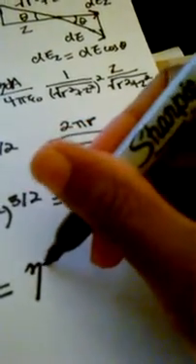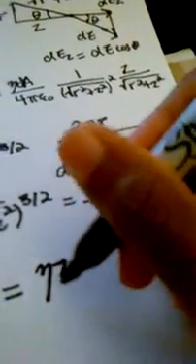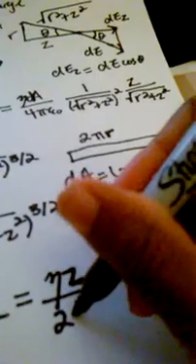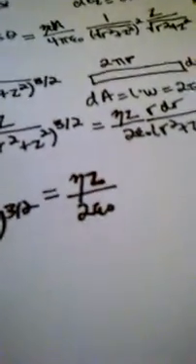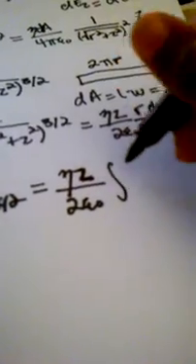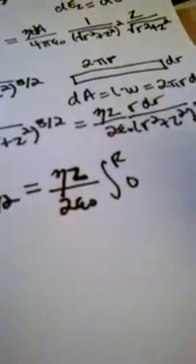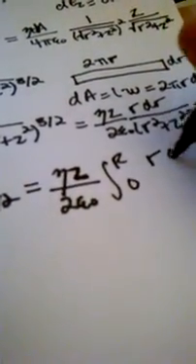Z is a constant, so we don't have to put it in the integrand. So we pull all the constants out. We know that eta is a constant, and epsilon naught is just the permittivity of free space. Fun stuff. And so now we have the integral of r dr over r squared plus z squared to the 3/2. I hope to God I have enough room to do this on this page.